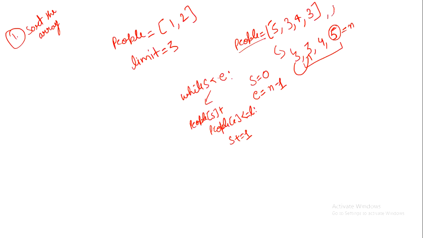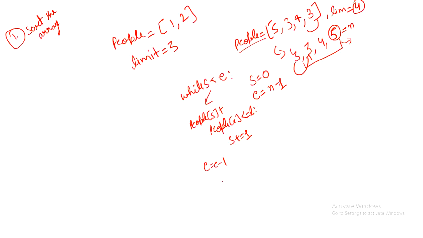So suppose the limit here was 4. So 5 is already greater than 4, so we have to consider it. For this one we need an individual boat. So obviously this e is always going to be decremented by 1, or it will move to the left, no matter whether this condition, people[s] plus people[e] less than or equal to limit, is satisfied or not.